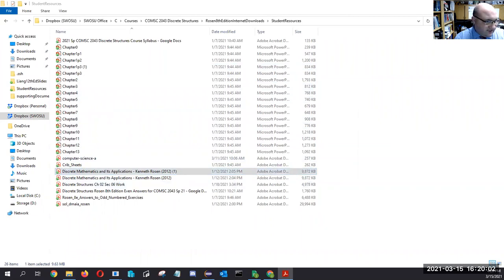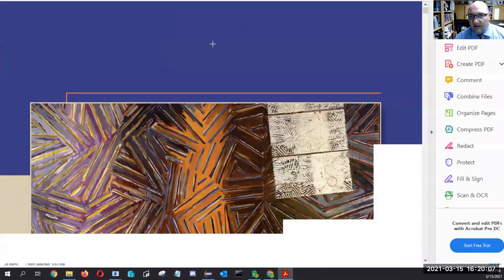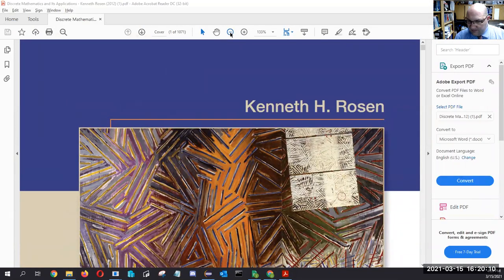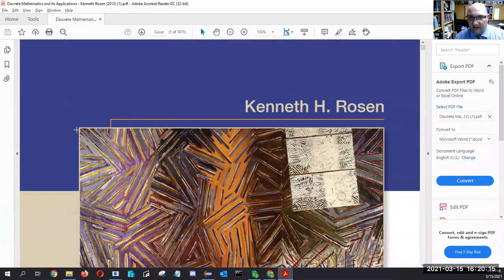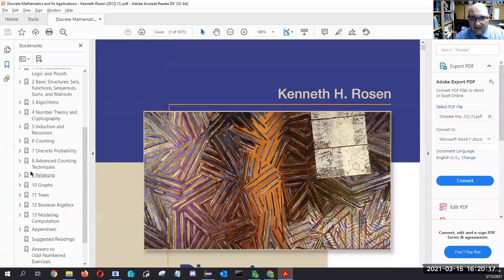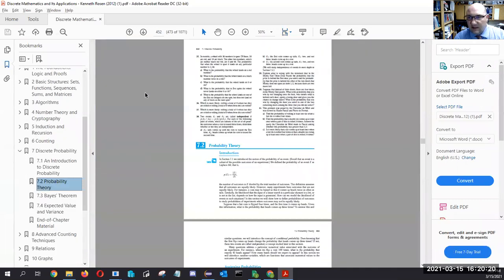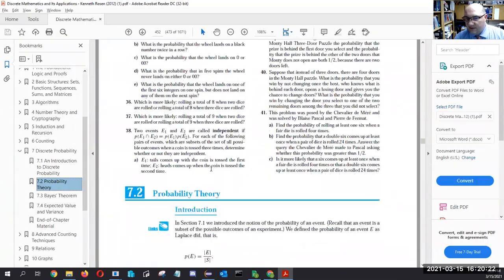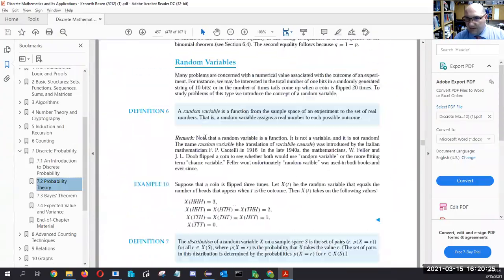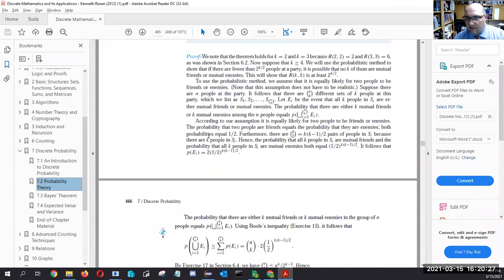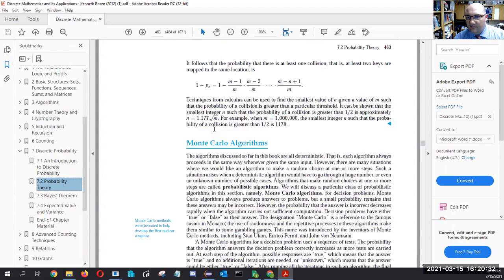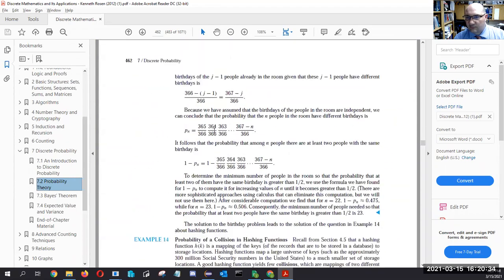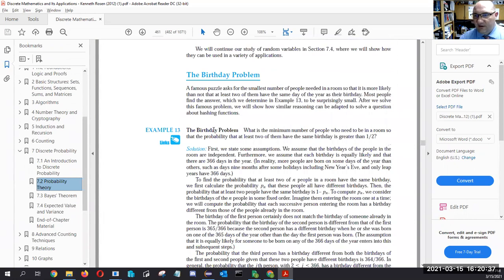Let's see if we can find that example it's referring to. In the textbook, it says 7.2 example 13. Is this it? Yeah. Here we go, example 13.